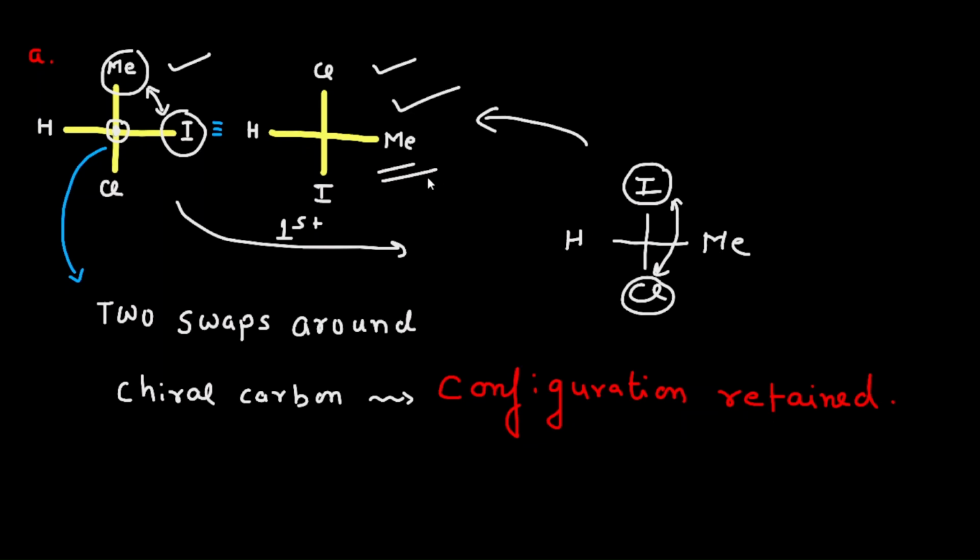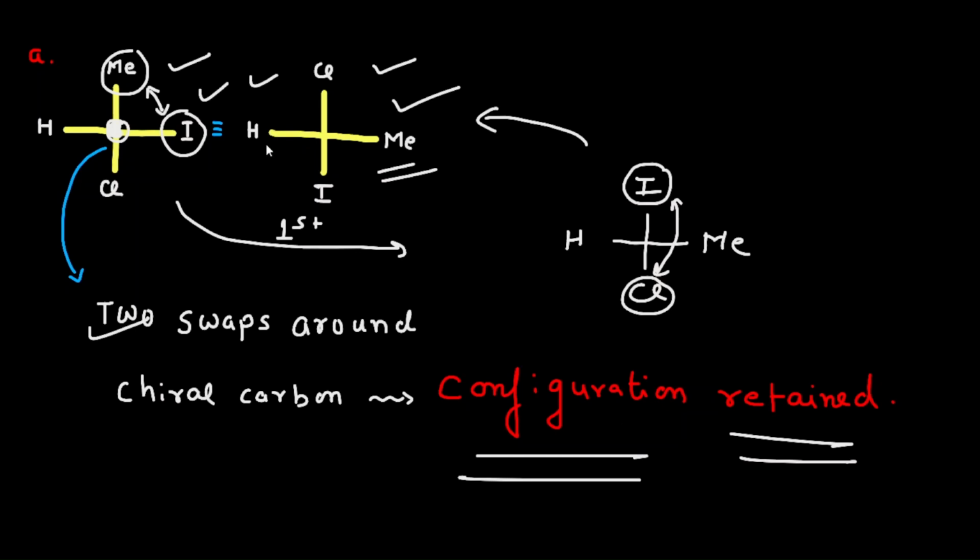So you have understood that you have done the swapping associated with this chiral carbon an even number of times, that is 2 times, and if you swap an even number of times, the configuration does not change and remains the same. So both represent the same configuration. So A is our correct option.